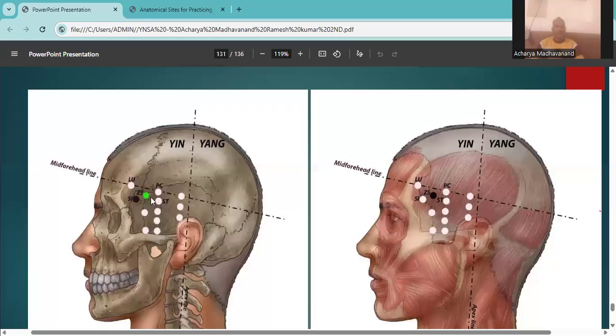These points are ZS point. This point is almost located on the area where the coronal suture ends. So it is a very important point. So never forget to use it.